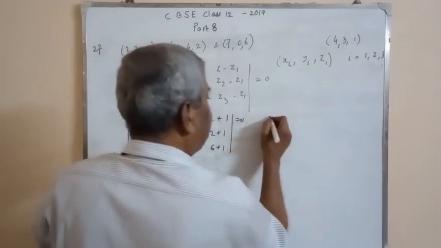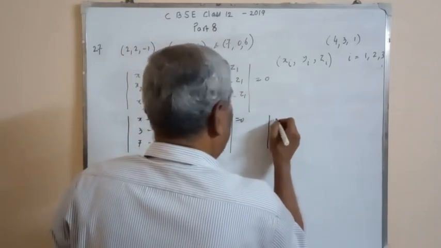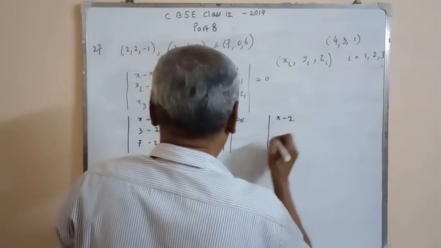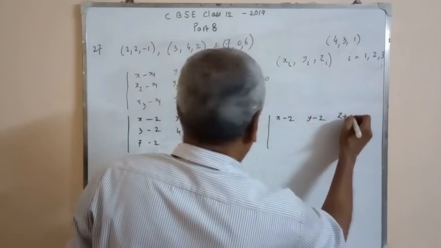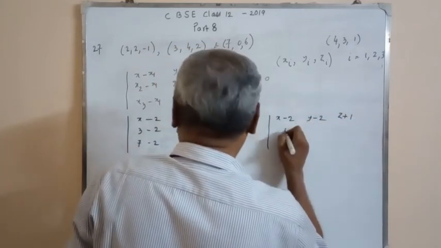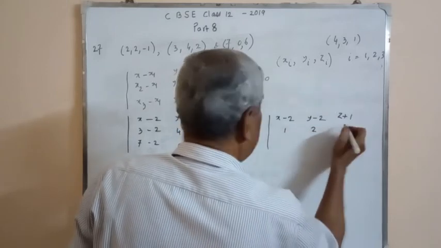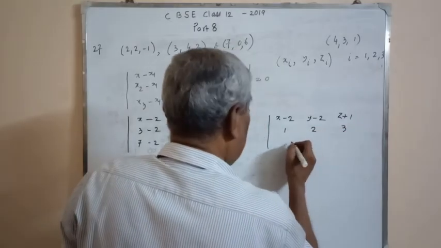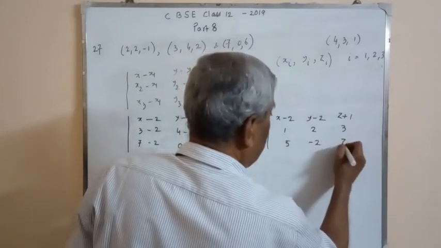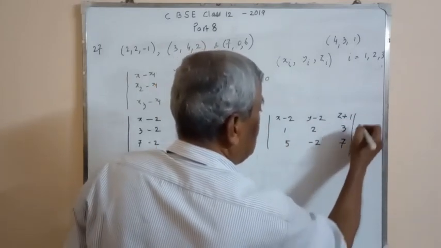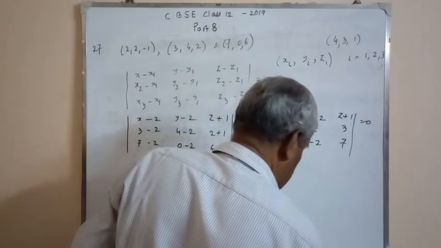That is x minus 2, y minus 2, z plus 1. This is 1, this is 2, this is 3, 5 minus 2, 7. This is equal to 0.